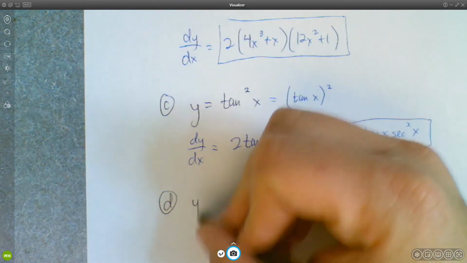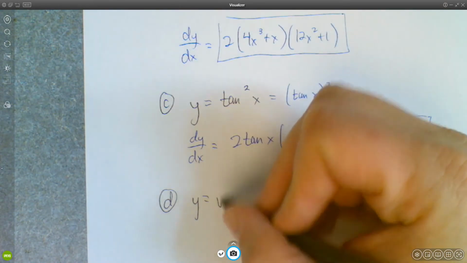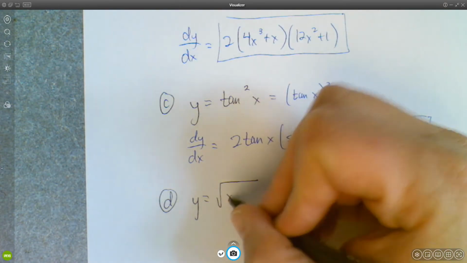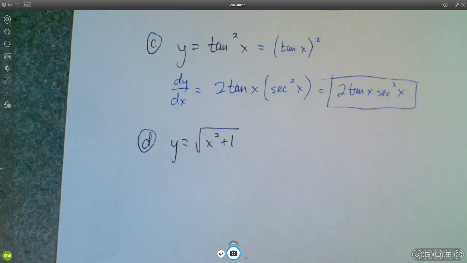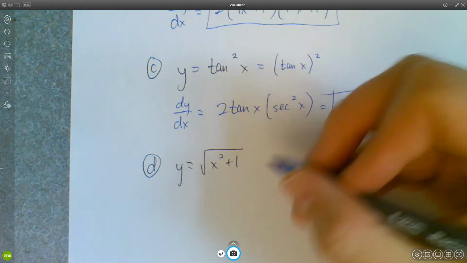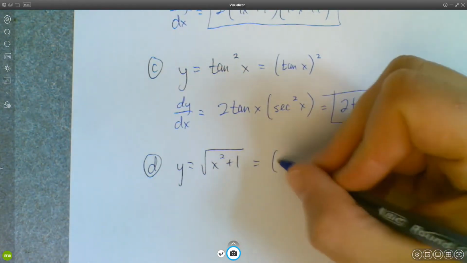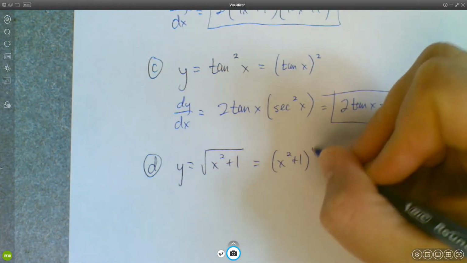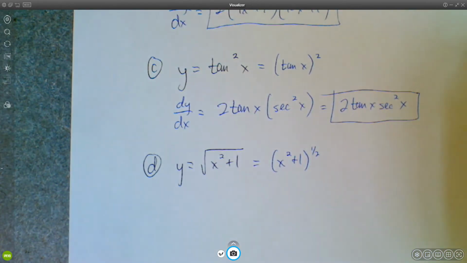Let's do one that's also similar to that, but I'll let you pause the video and see if you can work that one out. Okay, so I'm really thinking of this as x squared plus 1 to the 1/2 power.